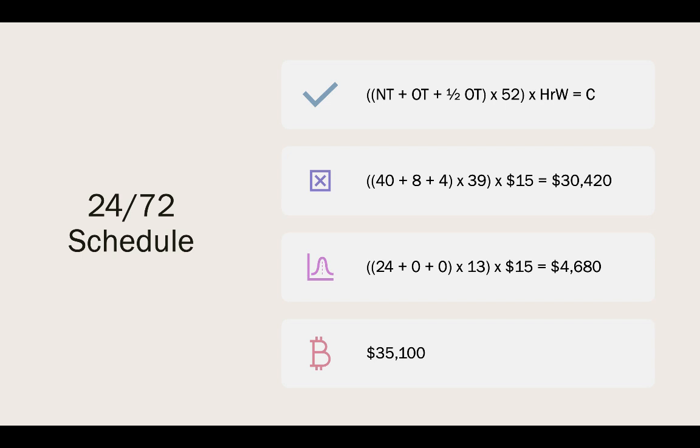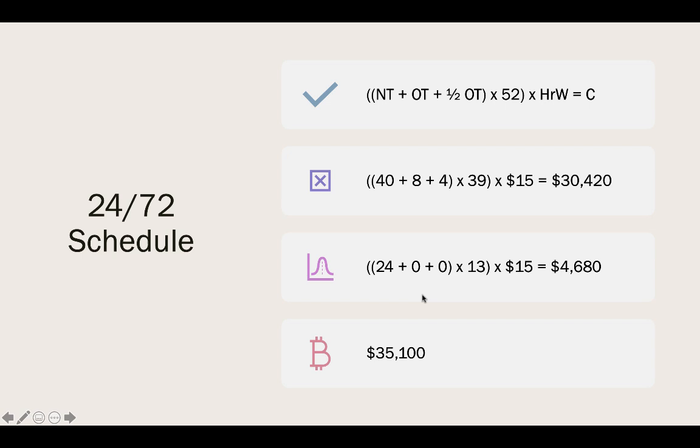Plugging in our salary formula for our hourly workers. So I've got 3/4 of the year, 75% of the time, we were working 48 hours per week. So I've got my 40 hours of normal time, 8 hours of overtime, for my time and a half, times 39 weeks, and my $15 an hour gets me to about $30,000.